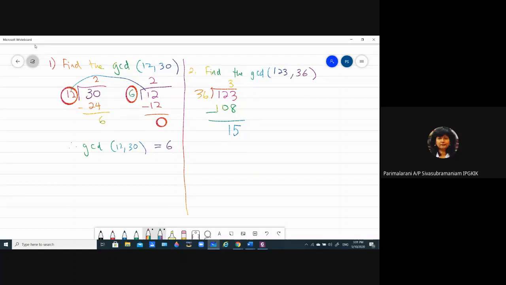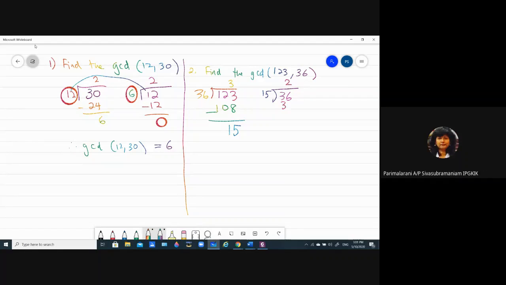As long as the remainder is not 0, you have to keep on dividing. Now the remainder becomes your divisor. This last divisor goes inside here. 36 divided by 15. How many times does 15 go into 36? 2.